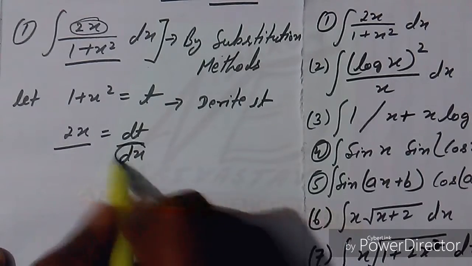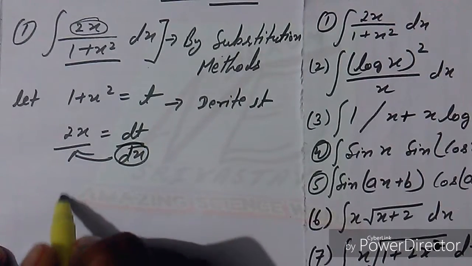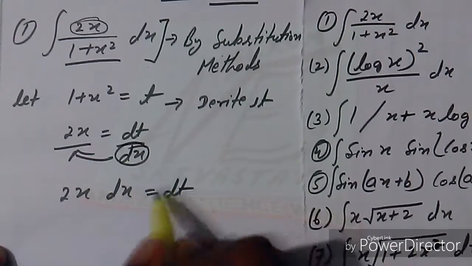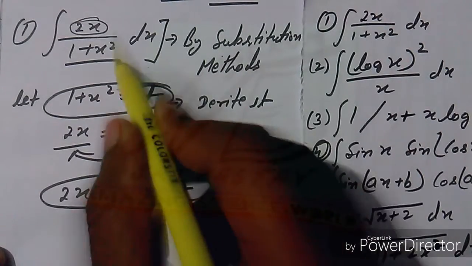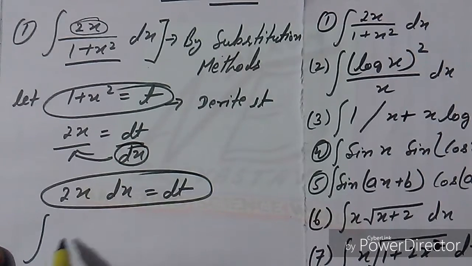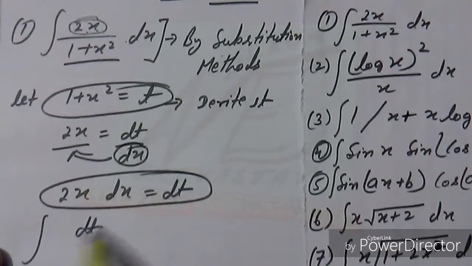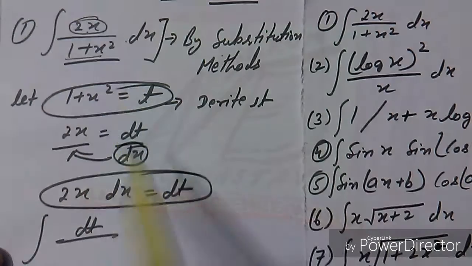Then this dx is multiplied there, then 2x dx is equal to dt, friends. And this we put in the function. Then the integration of 2x dx by 1 plus x square is dt by t.